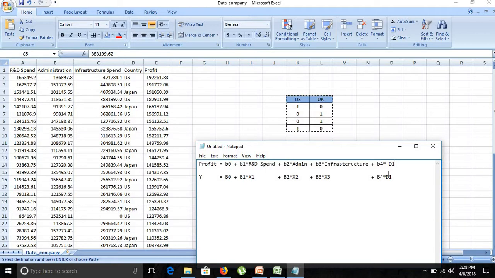But no, there is an answer to this. If the country is US, B4 will be your coefficient, but if the country is UK, this entire expression will become 0 and the coefficient for UK will be included in your constant B0. So here is your answer. B0 will include the coefficient for your second dummy variable, even if you haven't included the coefficient for that dummy variable.